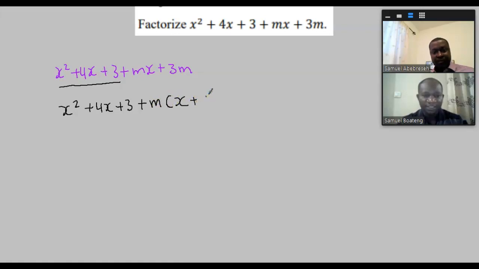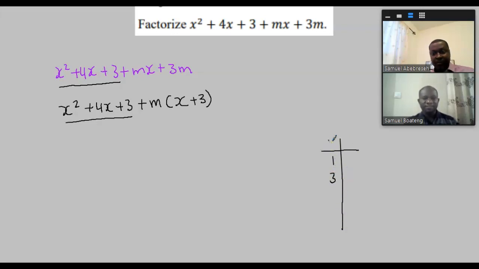So m out, x plus 3. So let's factorize x squared plus 4x plus 3. Here the factors will be 1 and 3, as 1 times 3 is 3, and 1 plus 3 is 4.